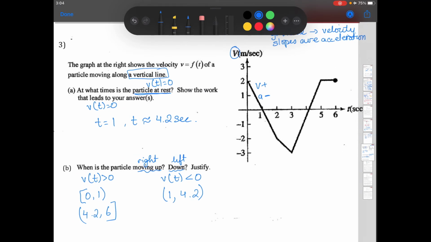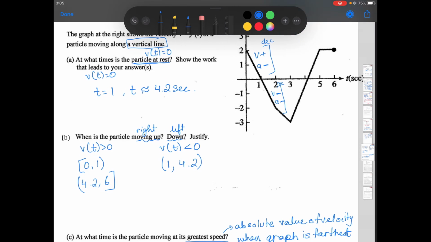So from 1 to 3, my velocity is negative and my slope, or my acceleration, is also negative. So what will happen? Your speed is going to be increasing here. In the 0 to 1 part, the speed is decreasing. On this interval, speed is increasing. We're going to write it down once I finish that.